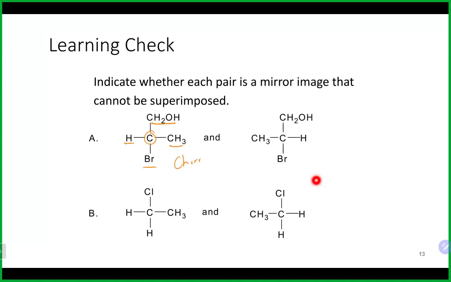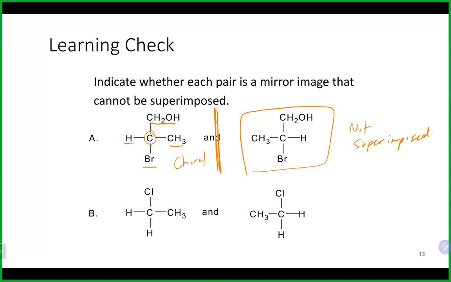That means this guy is chiral, which means its mirror image over here, as it gets projected, if that was the mirror, will not be able to superimpose. So the answer to the question is yes, this is the one that will not be superimposed, right?